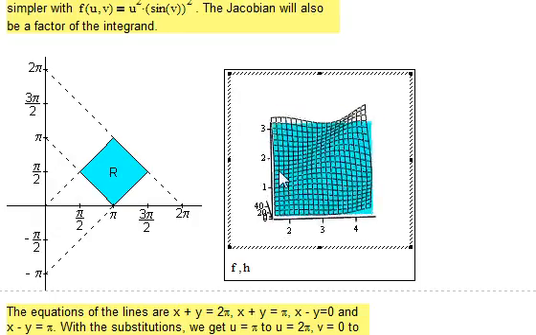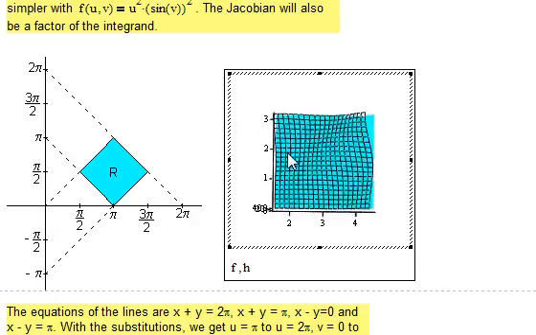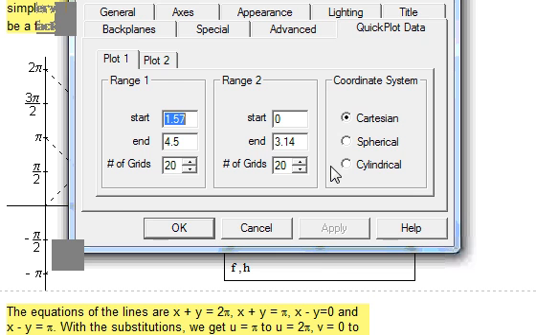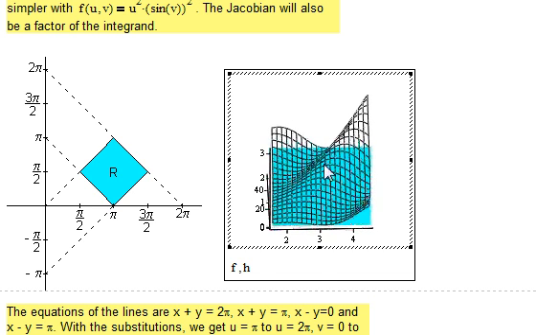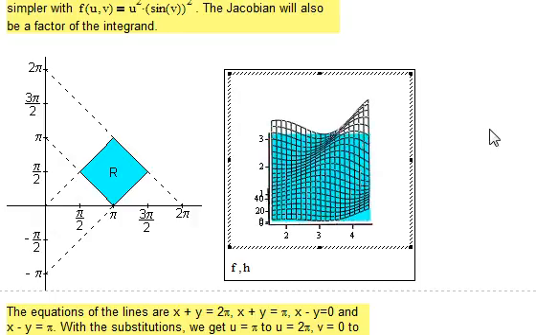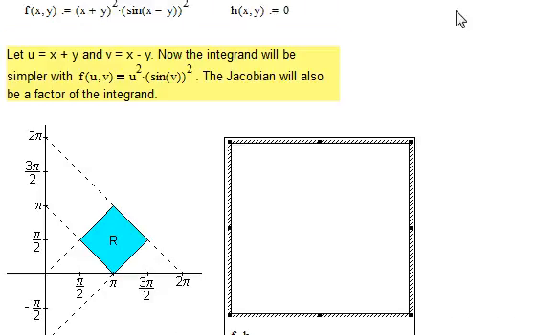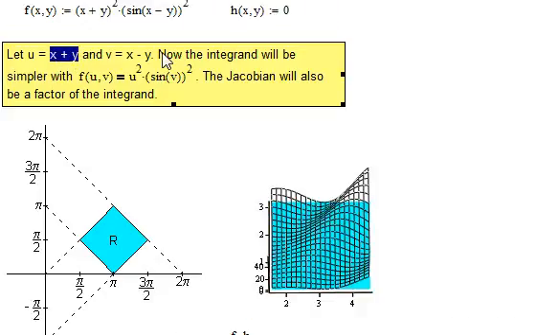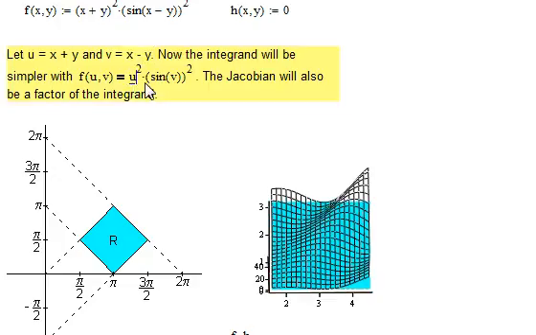We're going to be finding the diamond, which I'm trying to draw right here, pi to here to here to here, and we're going to find the area under this graph over the diamond. Okay, so a natural change, as I'd already pointed out, was let u be x plus y and v be x minus y, and then our function is just u squared times sine squared of v.